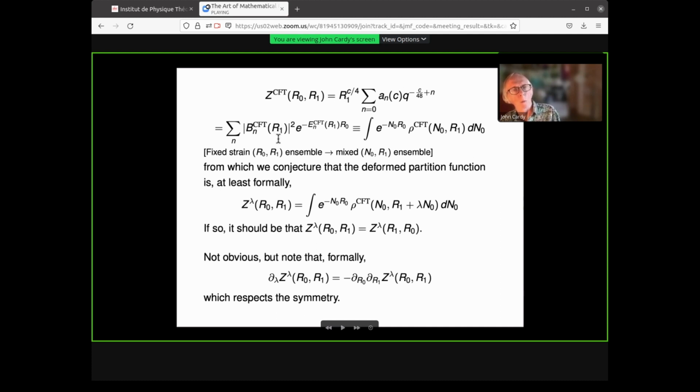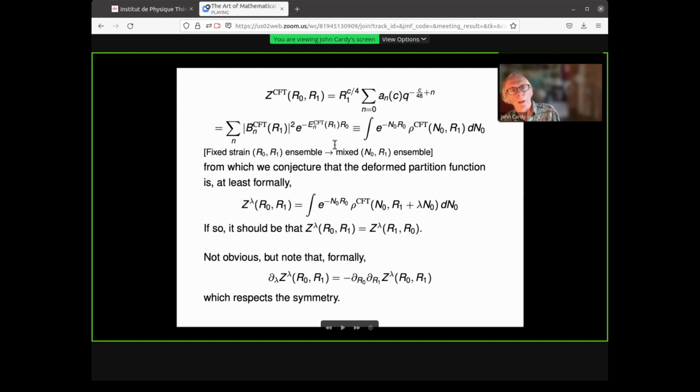So what we're basically doing here from the elasticity point of view is we're starting off with the fixed strain ensemble in which R0 and R1 are fixed, and we're writing this in terms of some mixed ensemble in which N0 and R1 are fixed.